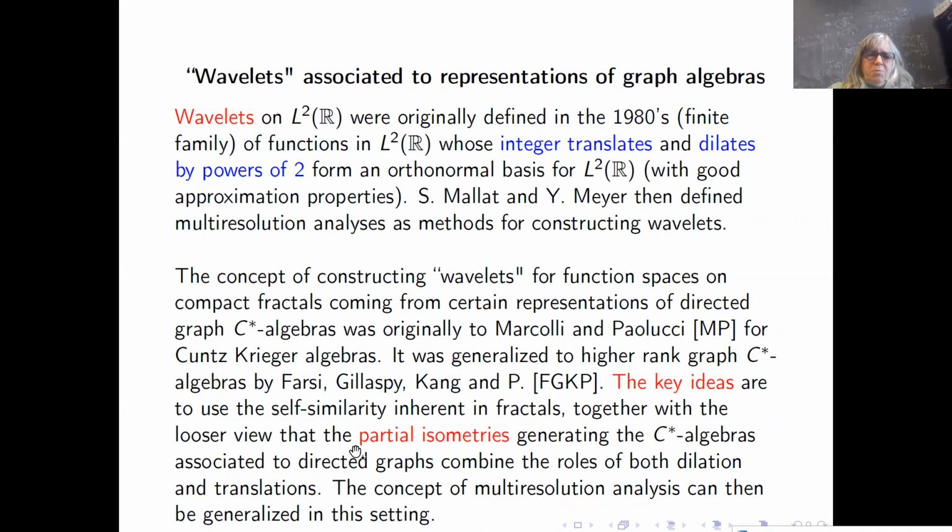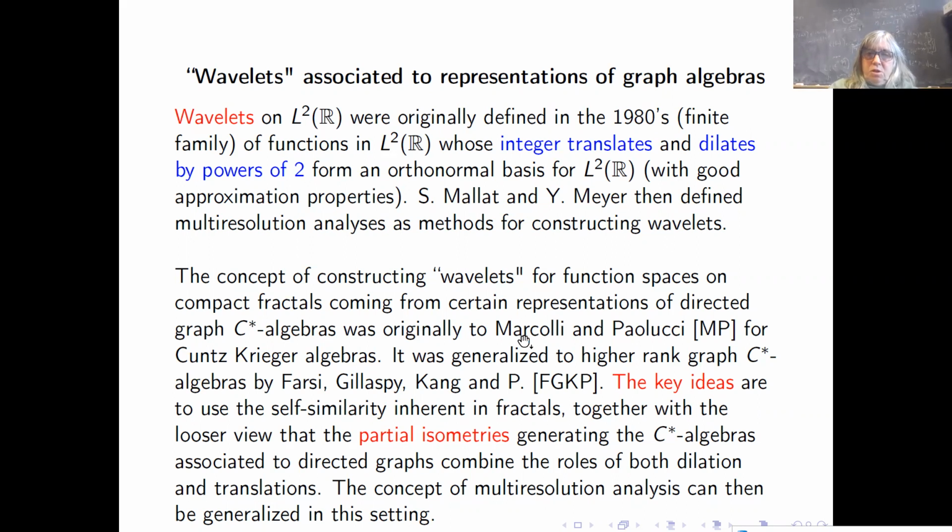So the idea would be to obtain a finite collection of functions from an L2 space such that when you move them around, not by dilations and translations but by partial isometries corresponding to paths, you'd get an orthonormal basis for the L2 space.